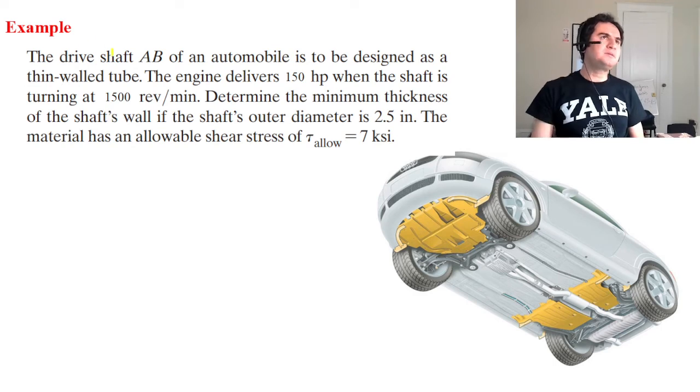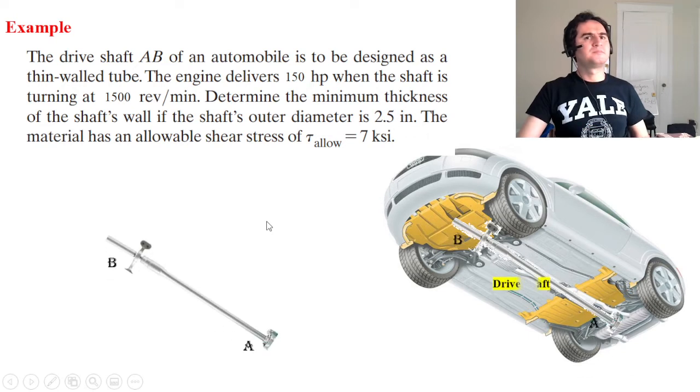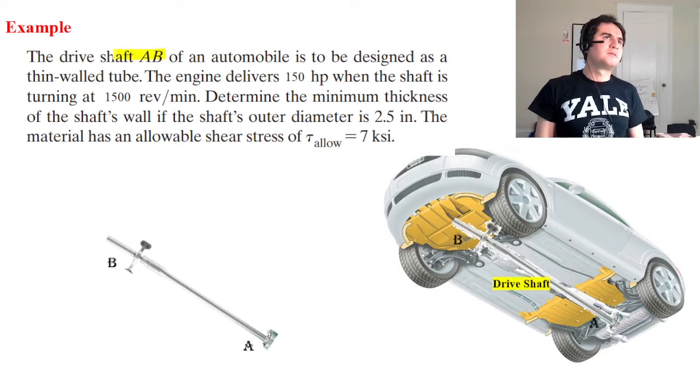In our example, a drive shaft AB in a vehicle, in an automobile, is to be designed as a thin hollow tube. The engine delivers 150 horsepower when the shaft rotates at 1500 revolutions per minute.